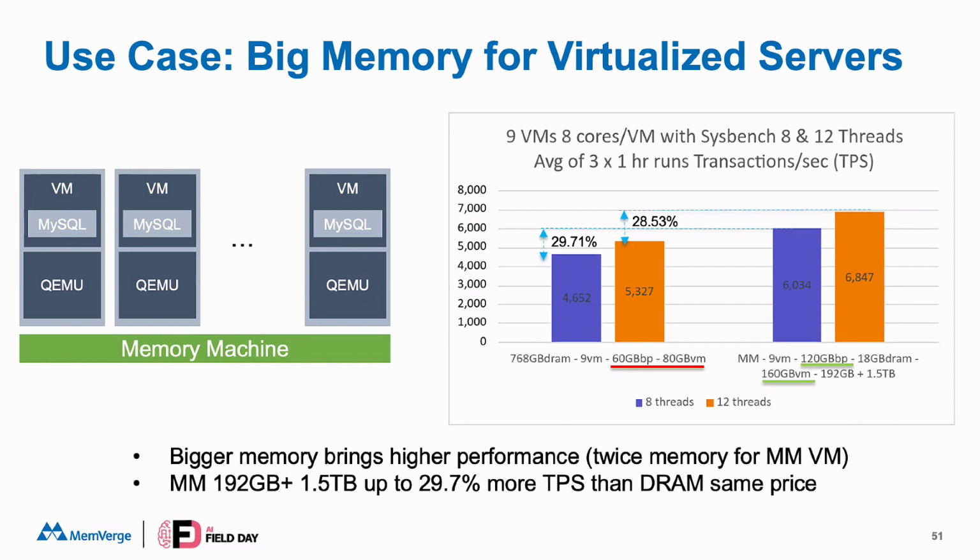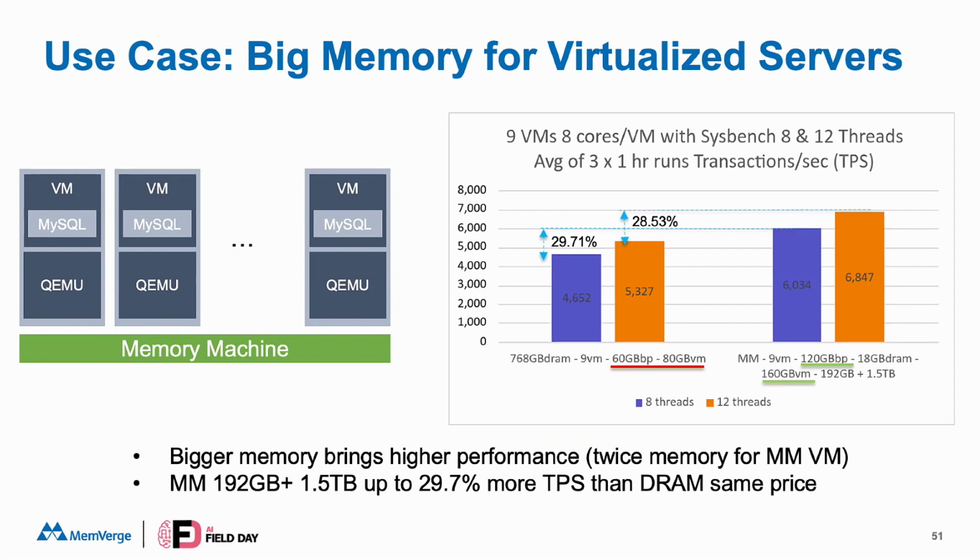You can see that in this picture there are two clusters. The cluster on the left-hand side is the performance generated from a DRAM-only server. The DRAM server contains 784 gigabytes total DRAM capacity, essentially 24 32-gigabyte DIMM sticks. On the right-hand side is a persistent memory server that has 192 gigabytes of DRAM plus 1.5 terabytes of PMEM.